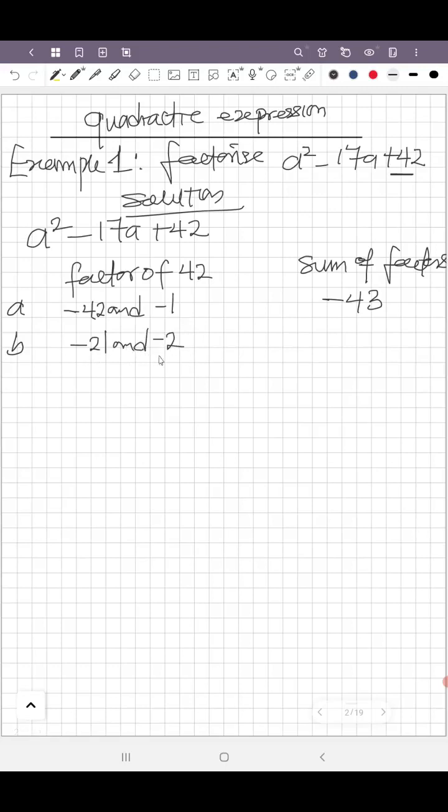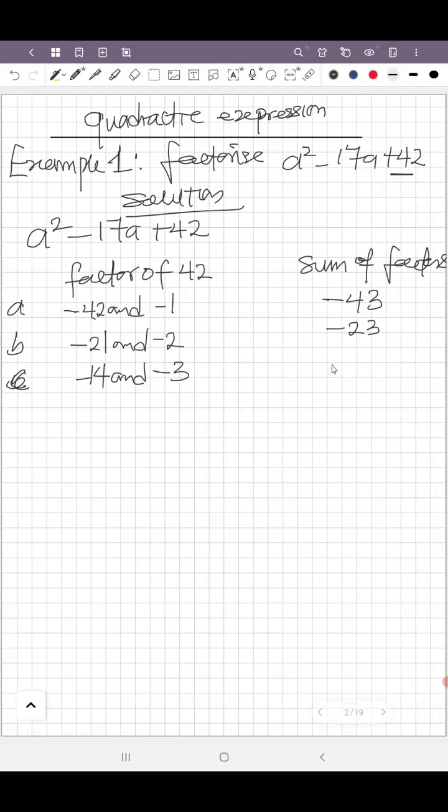When you multiply these two, as I've said, it will be plus 42. But when you add them, minus 21 and minus 2 give us minus 23. Let's find another factor: minus 14 and minus 3.